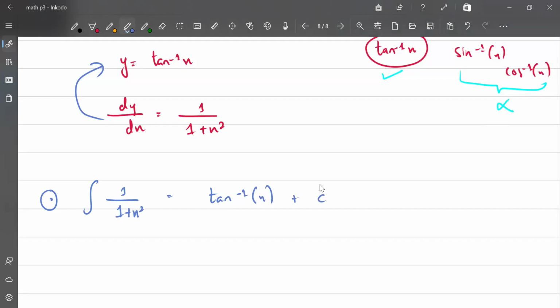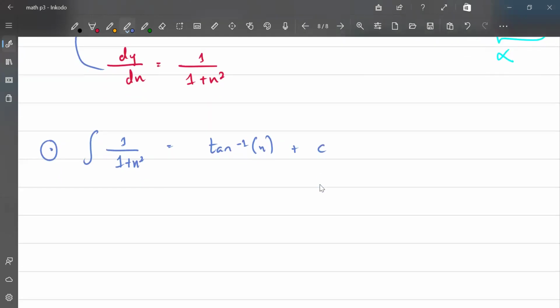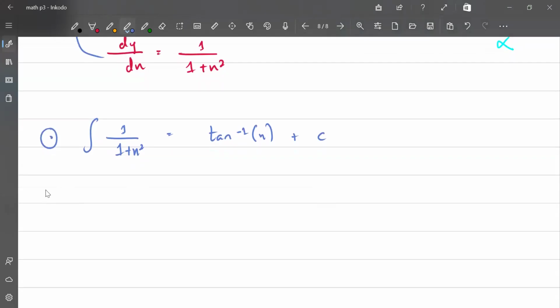This is very simple. But what if we have another constant instead of 1? Let's say we have 1 upon a square plus x square. The standard formula for this would be 1 upon a.